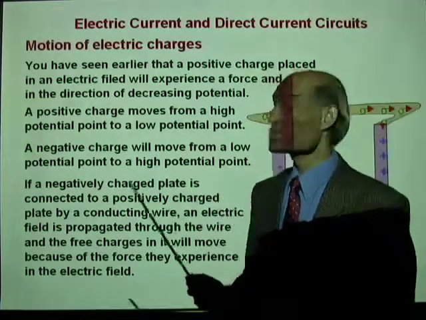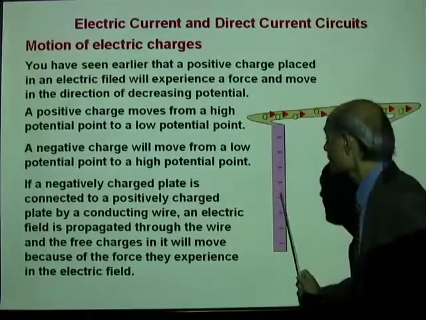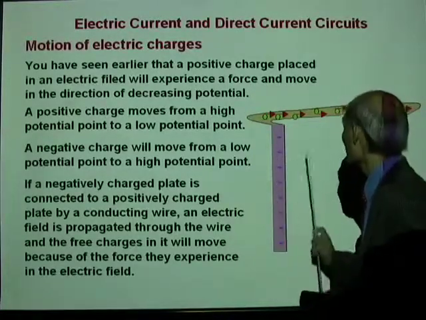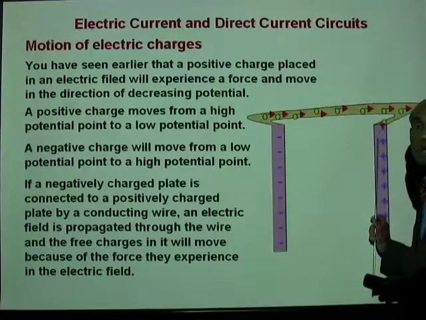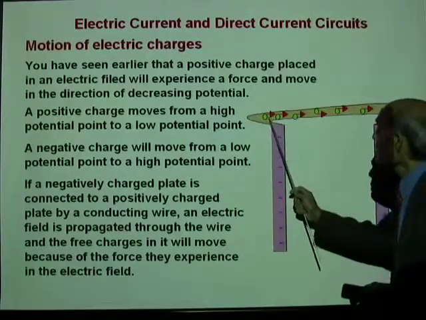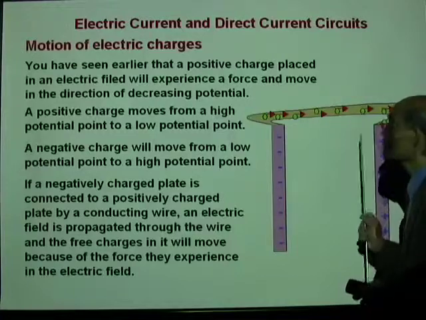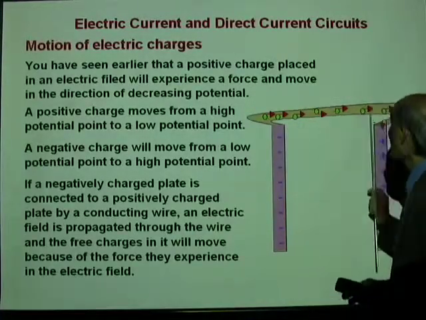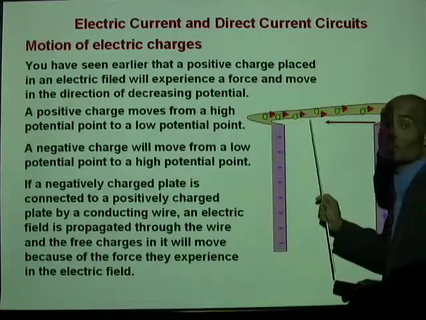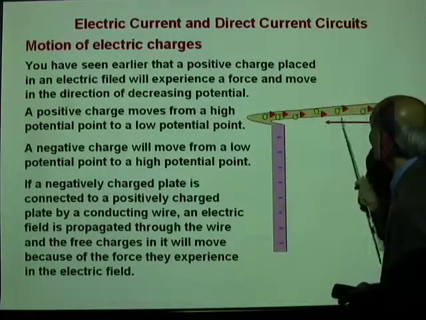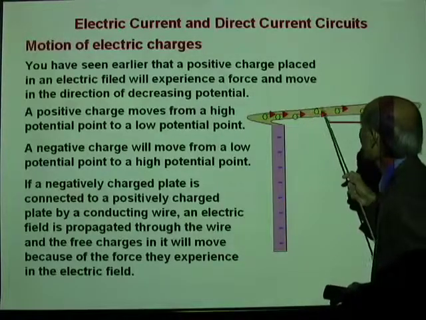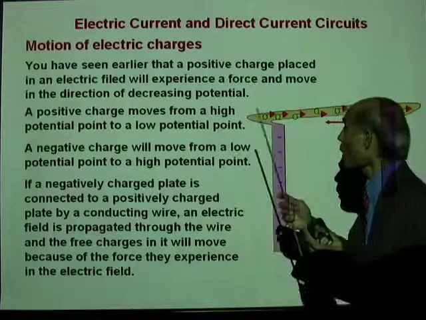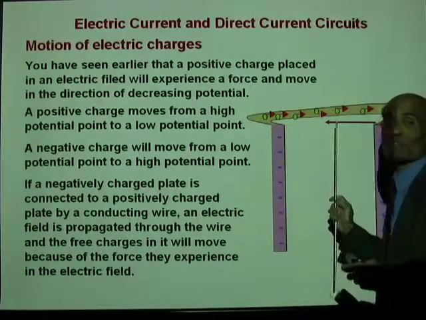If you have a negatively charged plate connected to a positively charged plate, you establish a connection between them externally, an electric field will exist in that conductor, and that electric field will cause the electrons in that conductor to drift opposite to the direction of the electric field.